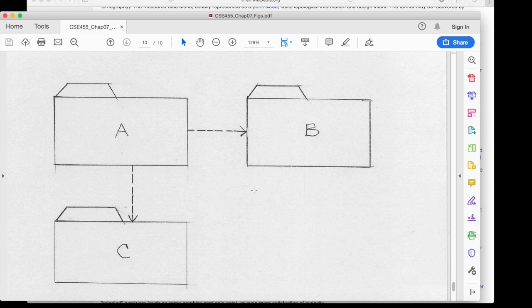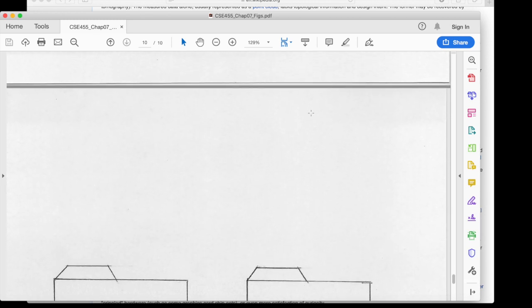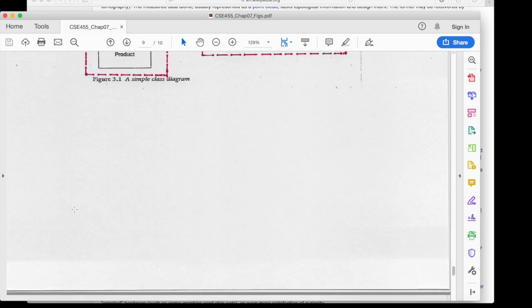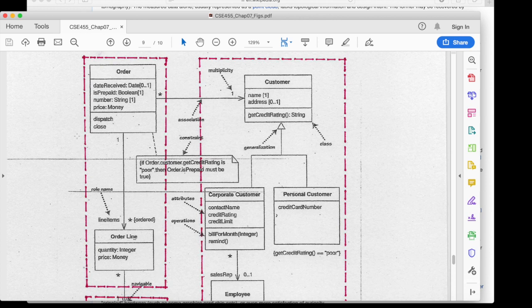And we see the communication or interrelation of A and B, a unidirectional communication from A to B, and that is represented here by this association from order to customer line.